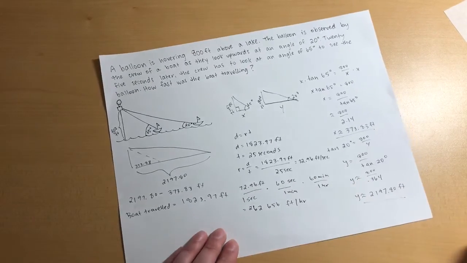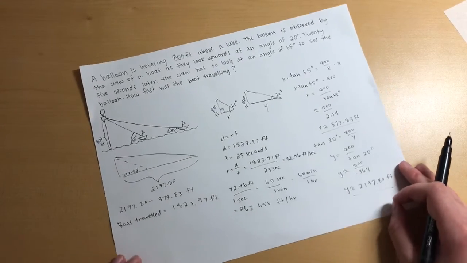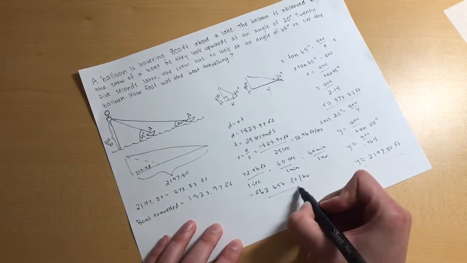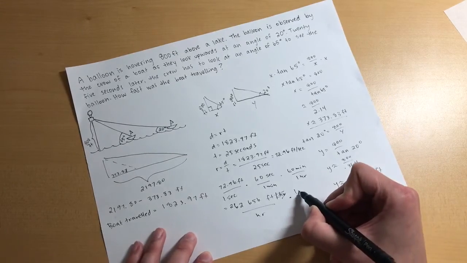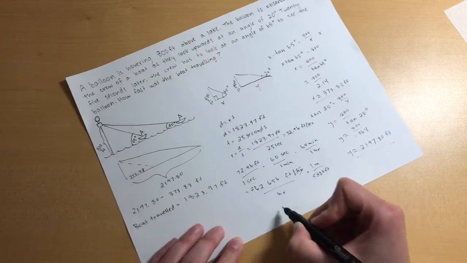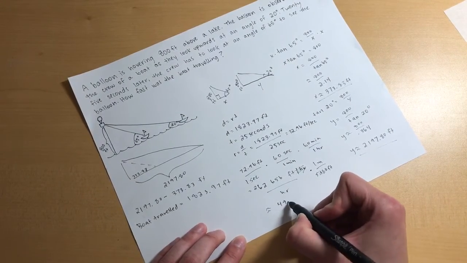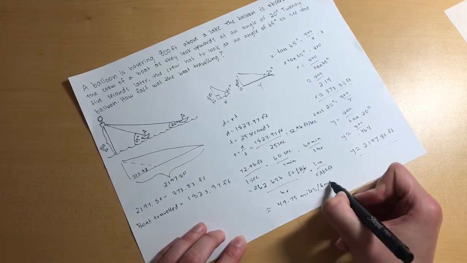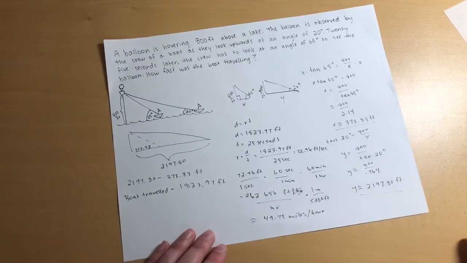But now we need to change it to miles per hour. There's 5,280 feet in a mile, so using another unit multiplier, we will get, after some rounding, that the speed is roughly 49.75 miles per hour. If we wanted to round again, it would come to 50 miles per hour, but I'll just leave it there.